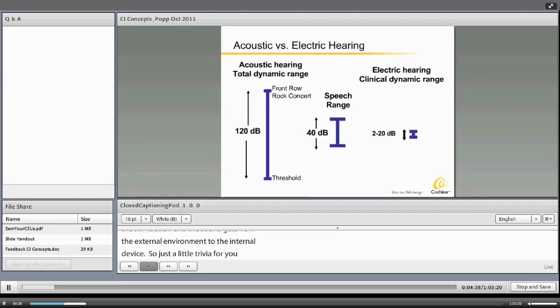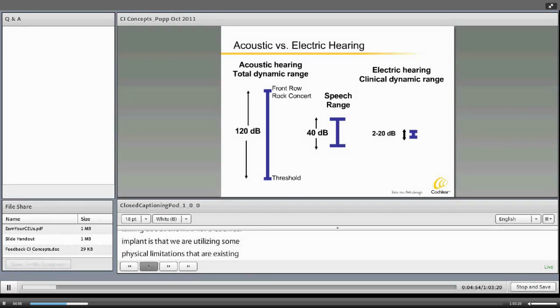One thing to remember when we're talking about the map for a cochlear implant is that we are working within some physical limitations that exist in the environment.